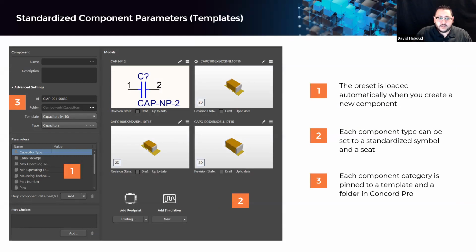I won't go into too much detail, but this is the basic component editor. You can see it preloads parametric information, the basic parameter list and names for any component type, right? And each component has a standardized set of symbols and footprints.